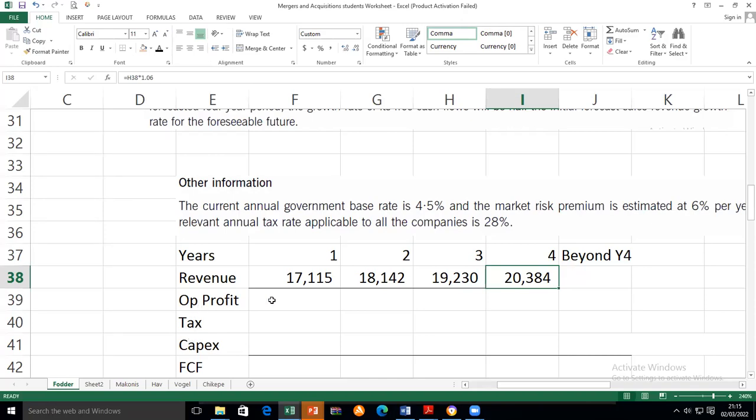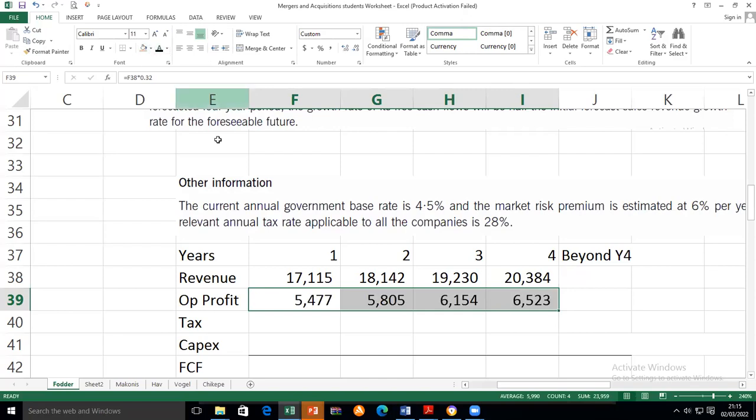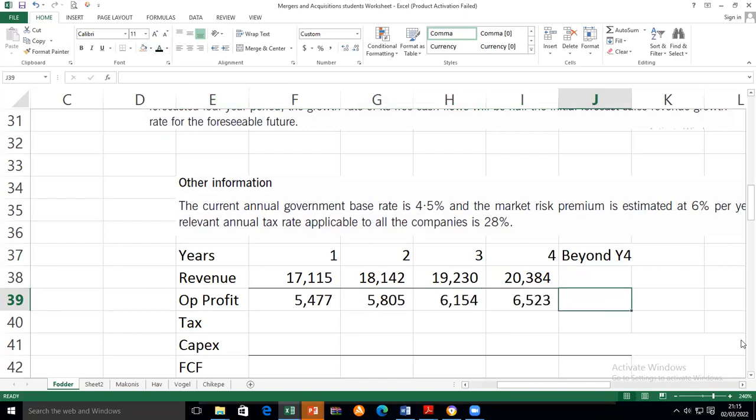Let's come to operating profit. Operating profit, we have said, is 32% of each one of these figures. So you apply 32% on each one of these figures, and that's what you get.